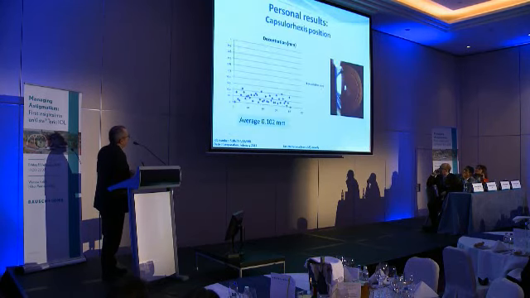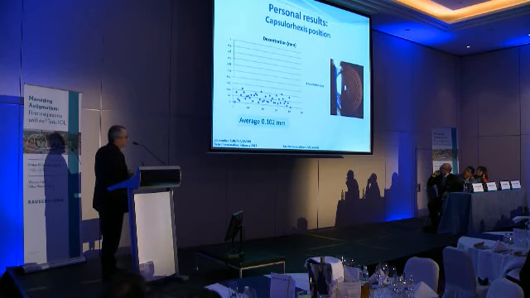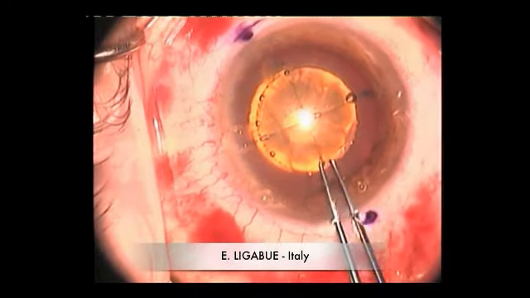And this is the data of 40 patients at 3 months follow-up, and the average is 0.1 millimeter. And I think this is one of the most important features now to understand for femtosecond surgery.